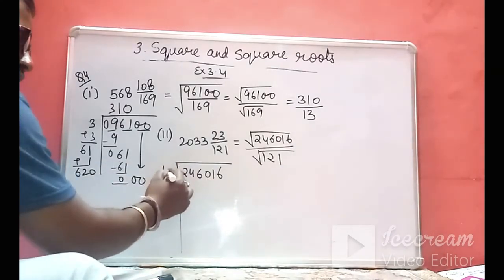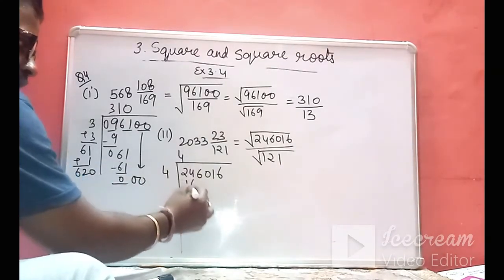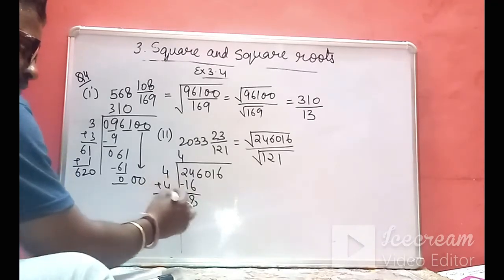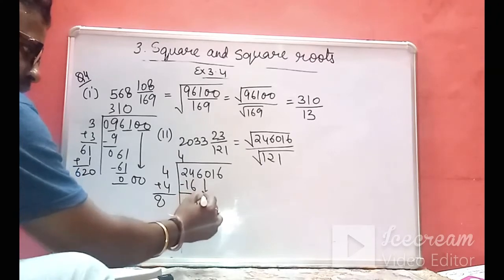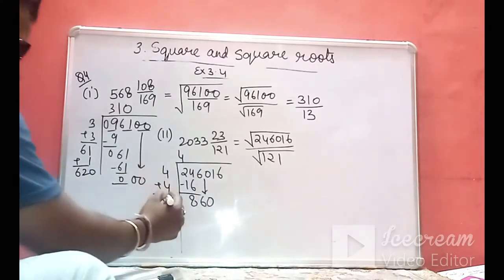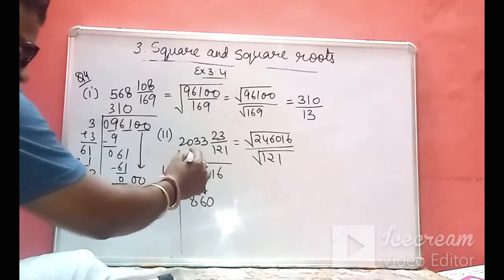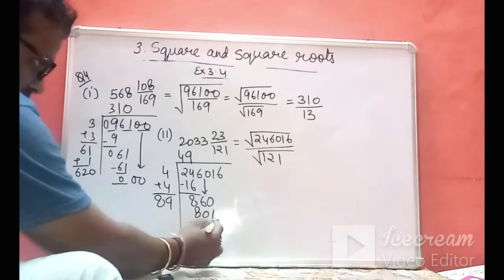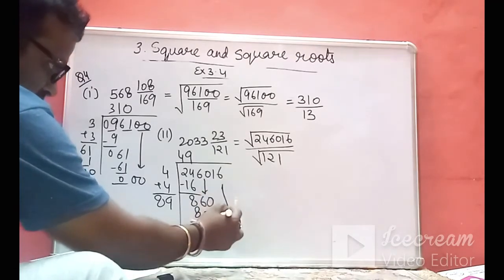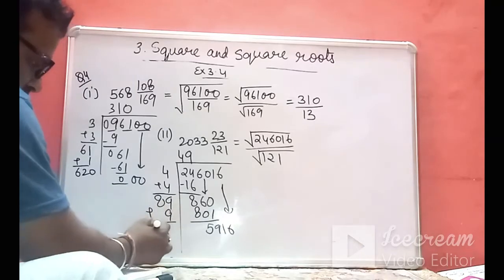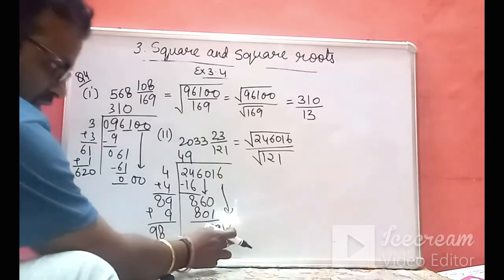So again the nearest square, 4 into 4 is 16, it will give you 8, then this 4 will come here, 8, then this pair will come down, 860. Then suppose if I take 9, so it is 801, that is 59, and again this pair will come here, and this is 98 now. Okay, now this is 6.